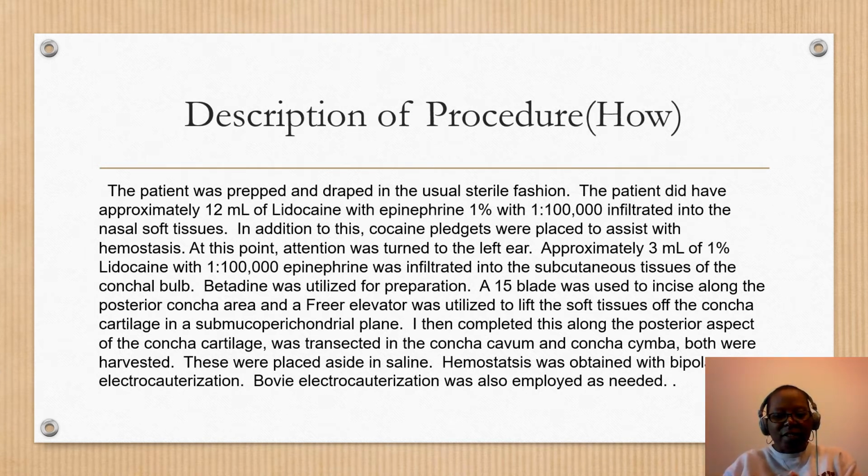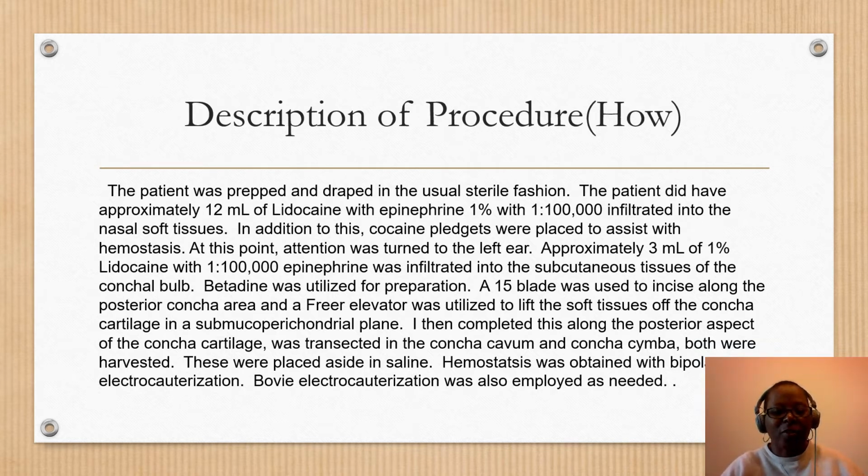Approximately 3 milliliters of 1% lidocaine with 1 to 100,000 epinephrine. Again, he's still providing anesthetics. And you'll see as we get further into the note that general anesthesia was also administered, but the doctor is also administering some local anesthetics for that particular area he or she is working on.